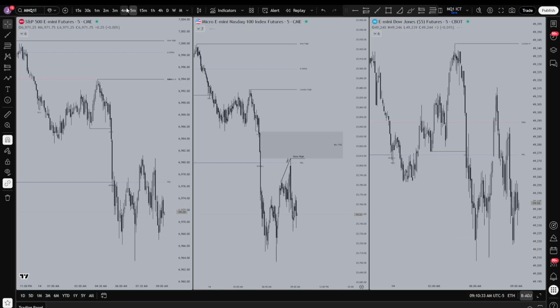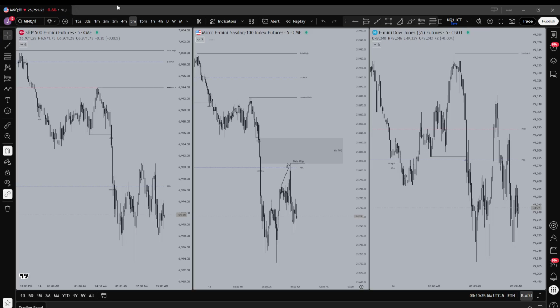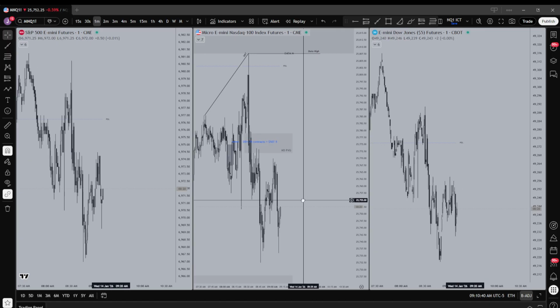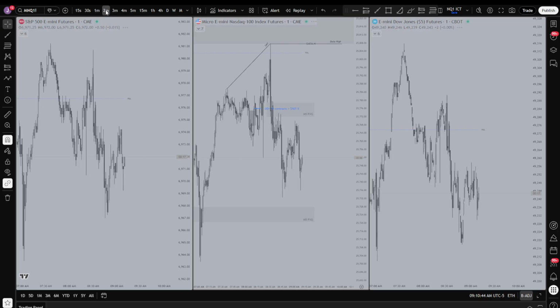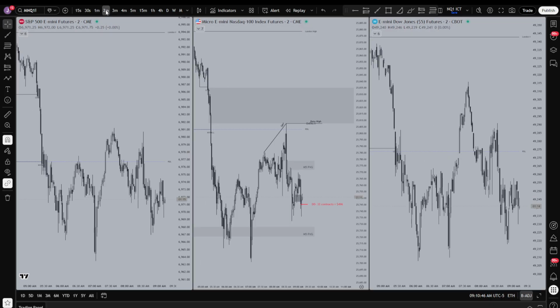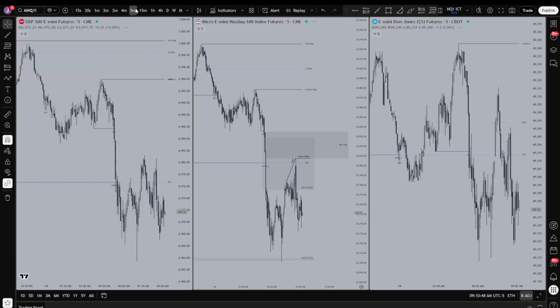Valid. The hourly and then this 15 as well, both of them. If we hold weak out of this hourly, this 15-minute inverse into the open is holding, then I would assume at least the 7 a.m. lows.